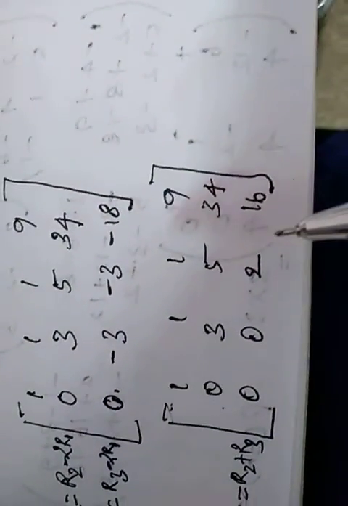Now I have to find out the value of x, y and z. So for finding the value of x, y and z, I'll take this final augmented matrix which I got.